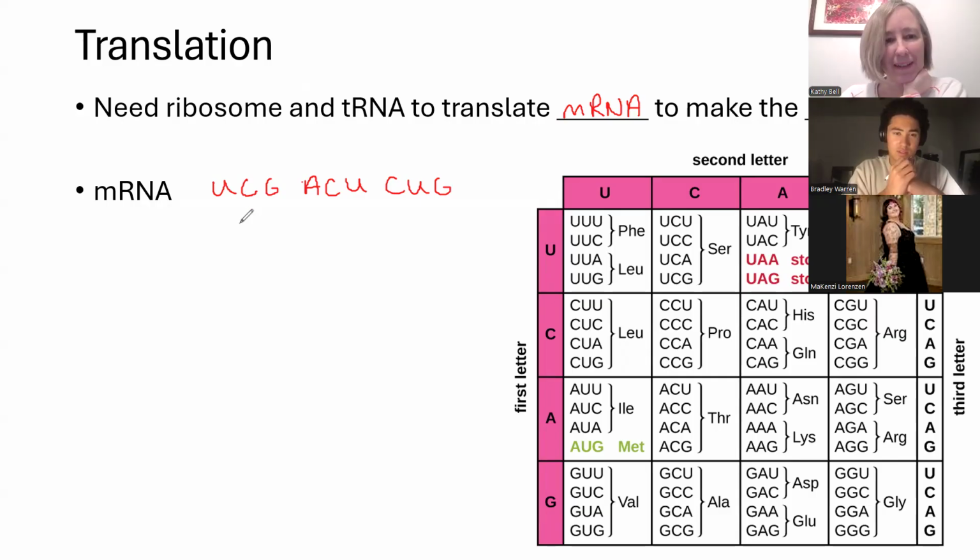Yeah, so we've got serine, and then what? Threonine. Yep, we've got threonine, and then what? Leucine. Yep, and then leucine. Good. Okay.